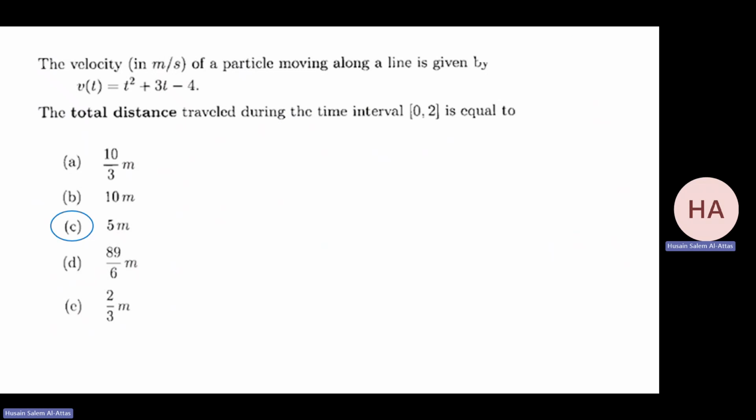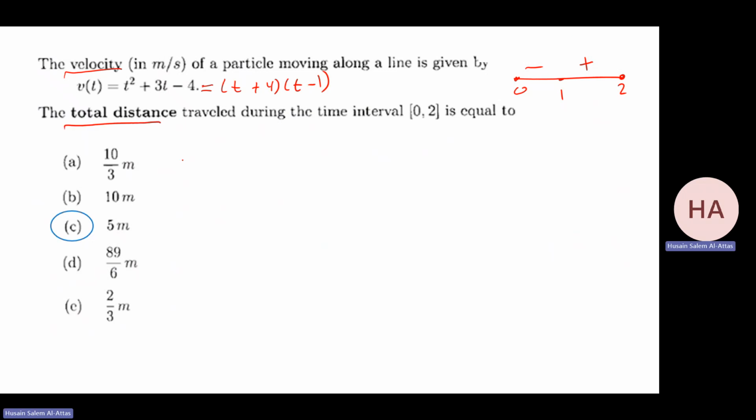The velocity, he gave me the velocity, which I can simplify easily, t plus 4, t minus 1. Okay, but they want from 0 to 2, so for sure I need 0, 1, 2. Well, this is negative and this is positive. So everything is ready now. That will give me what?